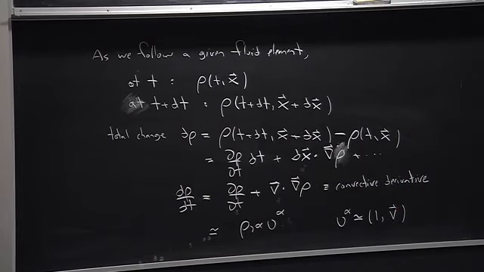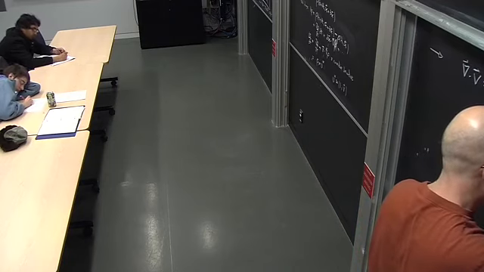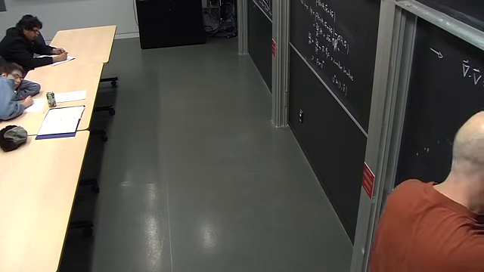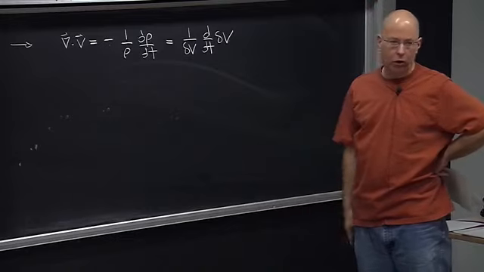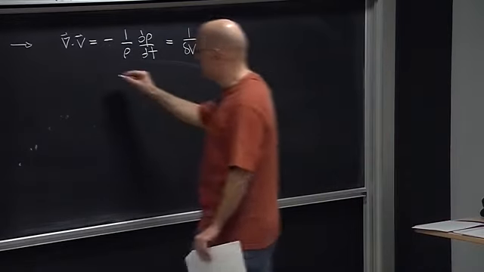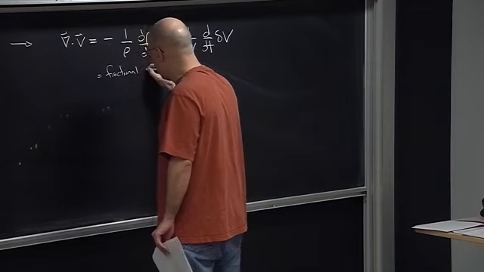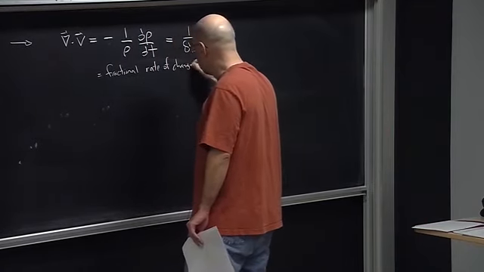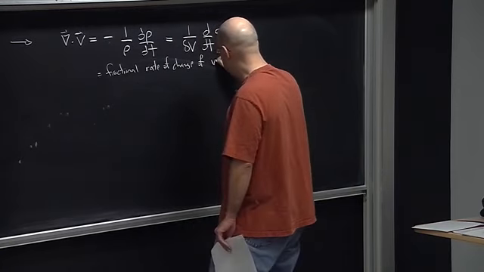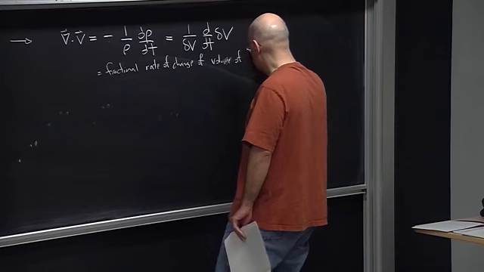So when you put it all together, you get rid of this minus sign, you get 1 over dV, and then what you're constructing here is the rate of change of the volume divided by volume. So it's the fractional rate of change of the volume of a fluid element.